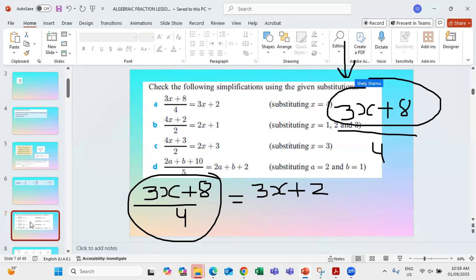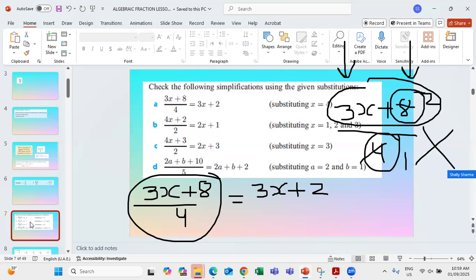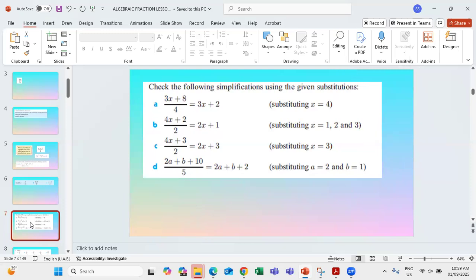One term is 3x and another term is 8. As we discussed, I cannot cancel a term with another term in the denominator. So this cancellation is not right, and here they have done the same thing. So obviously I know just by looking at the question that this is not the simplified form. It is not correct. But they ask us to check this using a substitution.